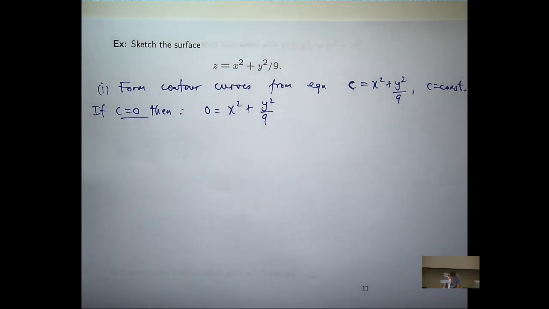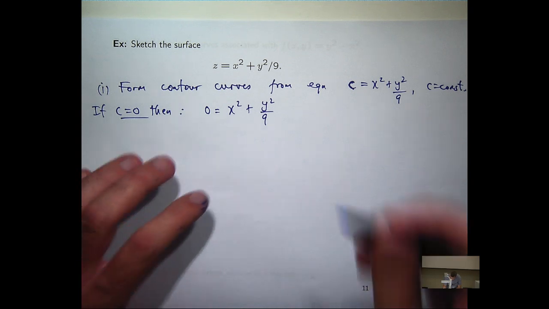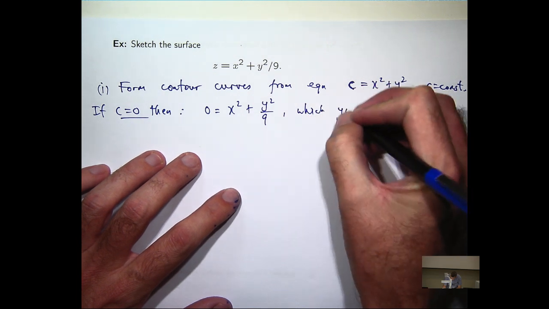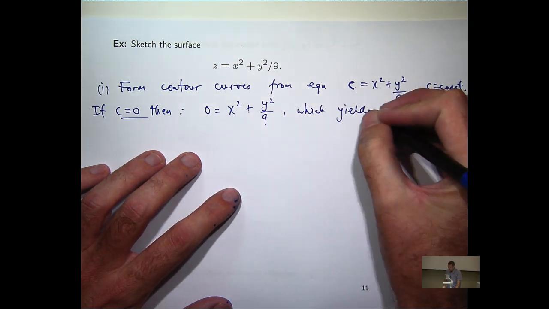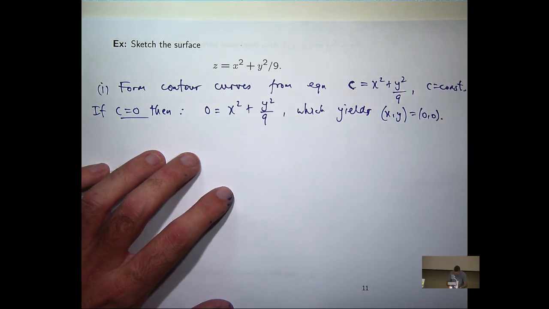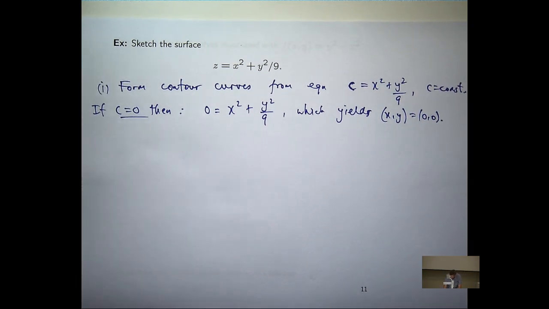That's the only solution. So our curve of intersection isn't really a curve at all, it's just a point. All right?